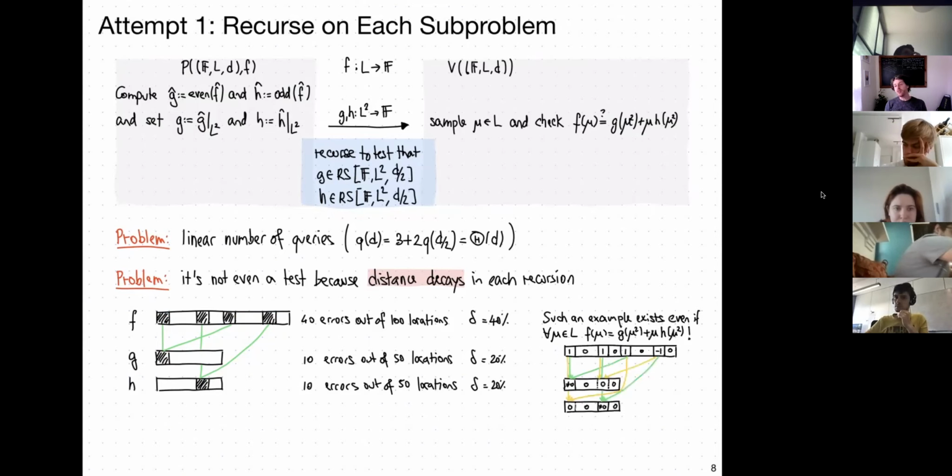And even worse, I can show you a concrete example where the distance decays even if there are no errors at all. So what do I mean by that? Think about it, it's really simple. Granted, the errors here are a bit confusing, but think about a code word, which is a block of 1s, and then a block of zeros and ones and zeros and ones and zeros, and then a -1 and a 0.